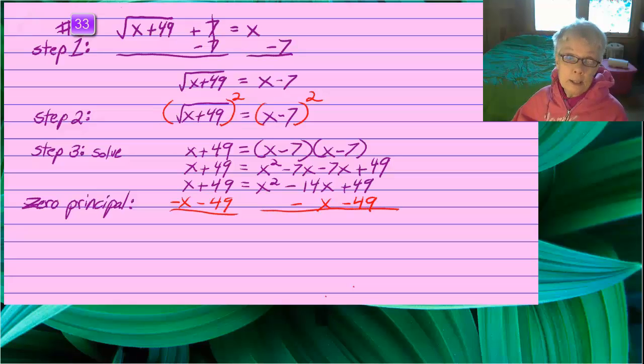This will give us a 0 on the left-hand side, using the zero principle, having the 0 on one side. We'll be left with x squared minus 15x, because the 49's zero out.